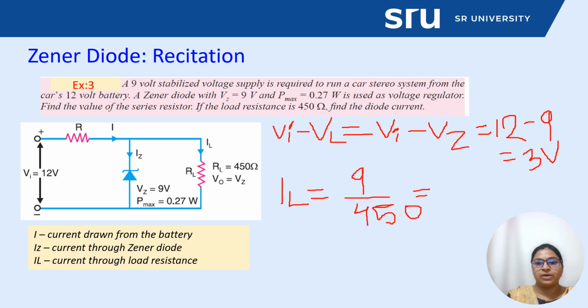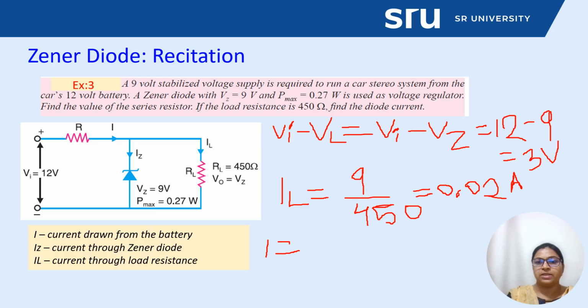This is equal to 0.02 ampere. Now what will be the Zener current Iz? We know the current drawn from the battery, I, is equal to Iz plus IL, that means Zener current plus load current.